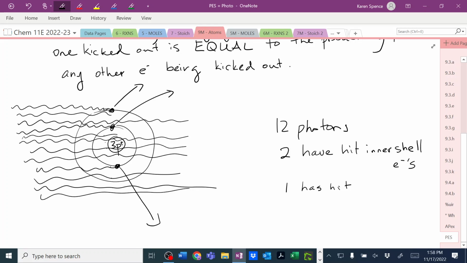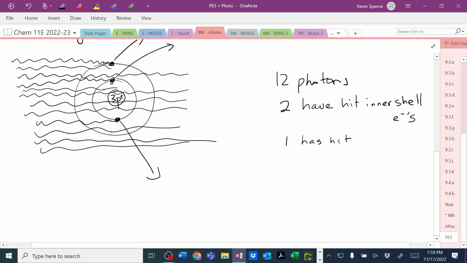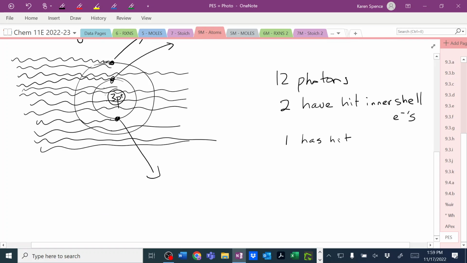It would, but I'm looking at one atom right now, and in reality you're not dealing with just one atom. It's going to be a whole sample of lithiums, right? Lithium, lithium, lithium, lithium, lithium. And the light's coming at them. This one, maybe it's an inner electron. This one, maybe it's an outer electron, inner electron, inner electron, outer electron.